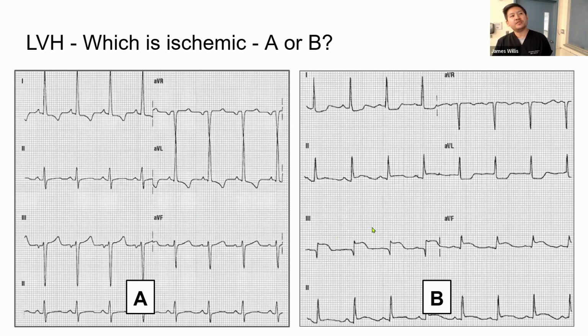What in B makes you think that? Yeah, so very linear depression here, kind of dome-like ST elevations. There is LVH with the sum greater than 12. What about here? Not concerned.